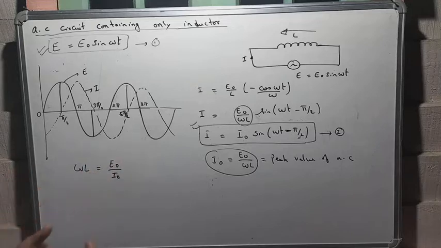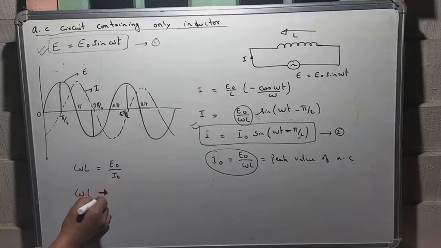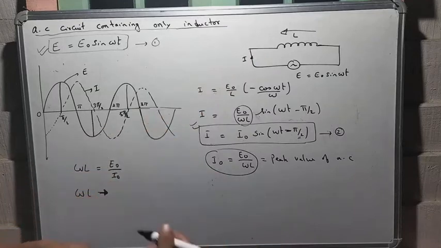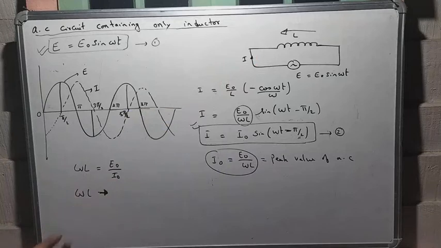So, we know EMF upon current is always equal to how much? Resistance. So, therefore, I can say that this omega L behaves like a resistance. But I will not call it a resistance, because here we are using an inductor. If it is a resistor, then the resistance is capital R. But if it is an inductor, the resistance is omega L.